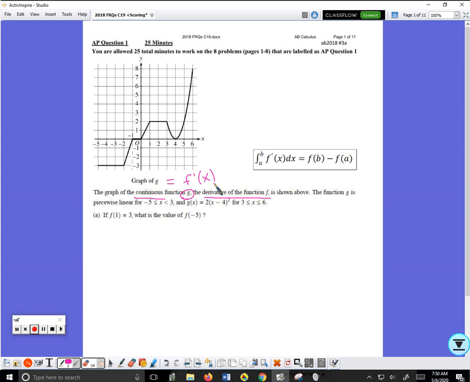Function g is piecewise linear from -5 to 3. So here's x equal -5 to x equal 3. So piecewise linear. So this is linear, linear, linear, linear. Got it. Okay, piecewise linear.